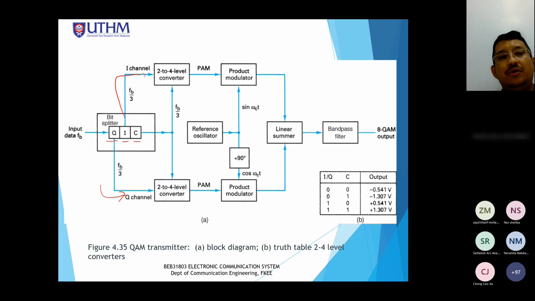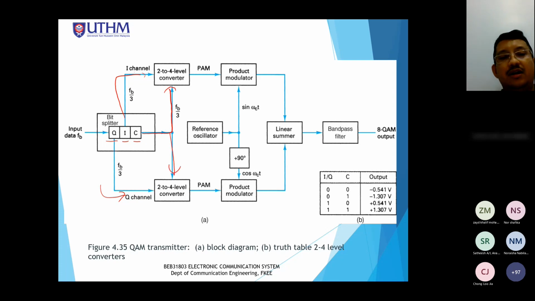The I channel and Q channel will go through the 2 to 4 level converter. What is this actually? For each level converter, the control bit also goes through the level converter.